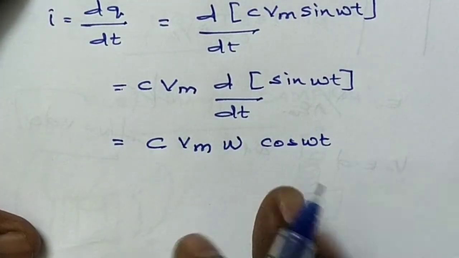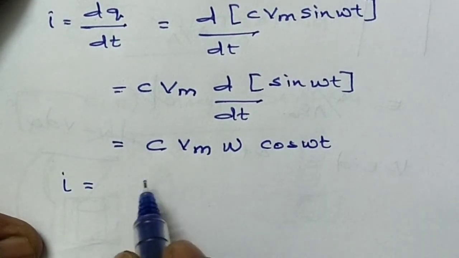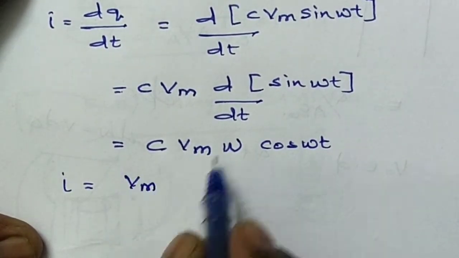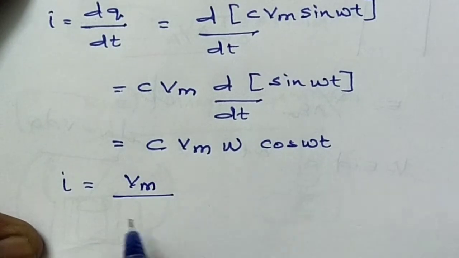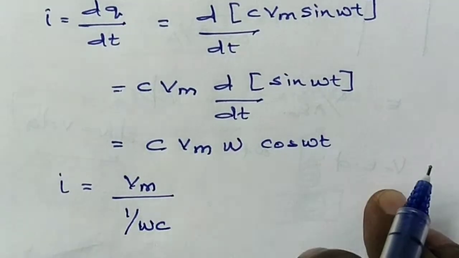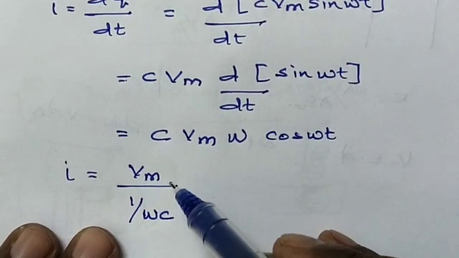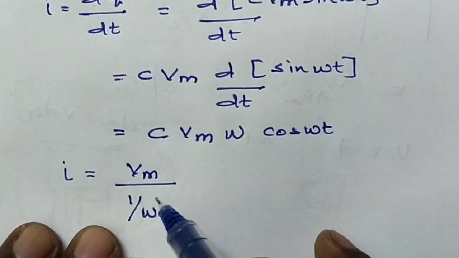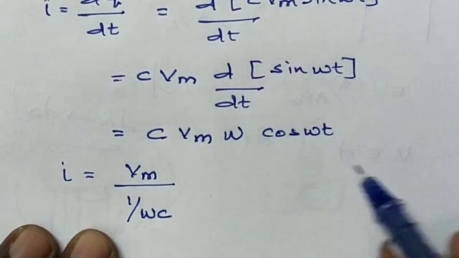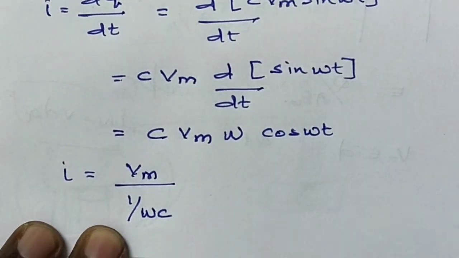Now the instantaneous alternating current, rearranging the equation, is I equal to Vm divided by 1 by omega C. This is the peak value of the current, Im, like Vm by R, here Vm divided by 1 by omega C. Now change cos omega t into the form of sin omega t.